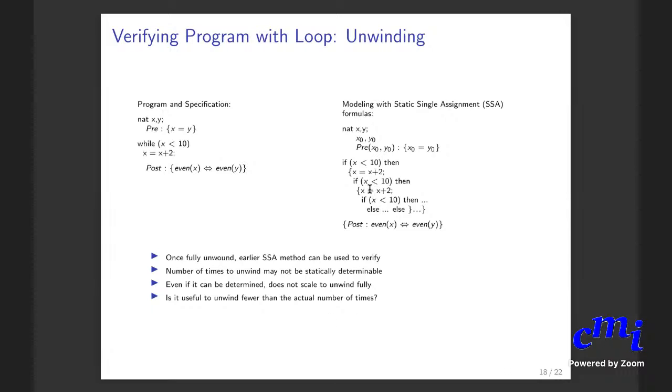It doesn't scale if you have to unwind it completely, but is it useful to just unwind it fewer times than the actual number of iterations, and check your specification on that?